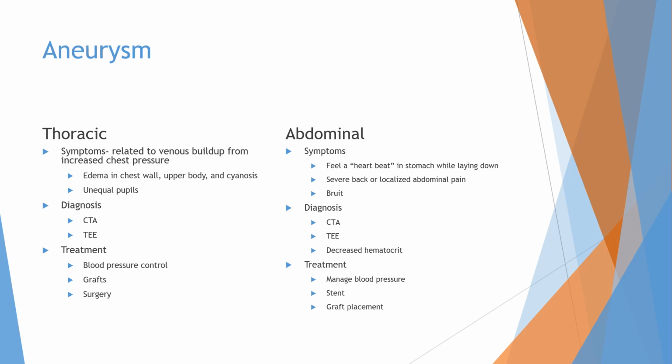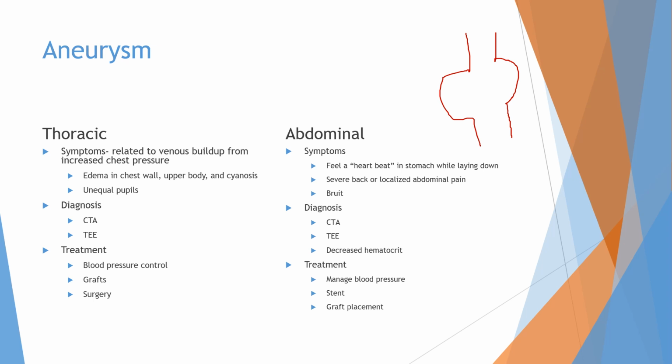And then our abdominal aneurysms, these can be a little bit more chronic. Again, these are less likely to dissect, but more common to have them. And so you might see or feel some pulsation in their abdomen when they're lying flat, and that's just because this aneurysm, and this is their abdominal aorta, this is their aneurysm, is going to fill with blood and pulsate as our heart beats.